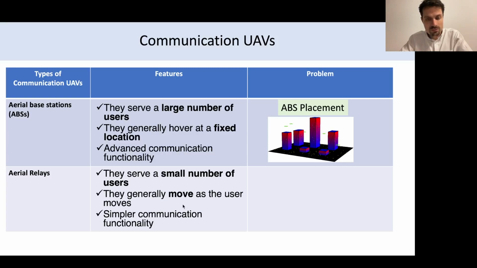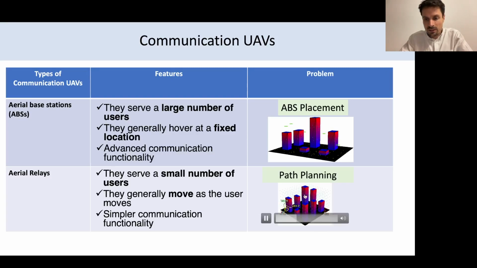So if the users move, they can also track them, adapt their locations to keep covering those users. The problem in this case is path planning, right? So we need to plan or design the trajectories of these aerial relays to serve the user as fast as possible and possibly track the movement of the user.